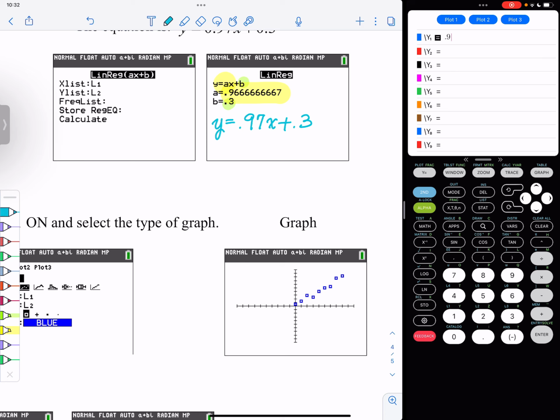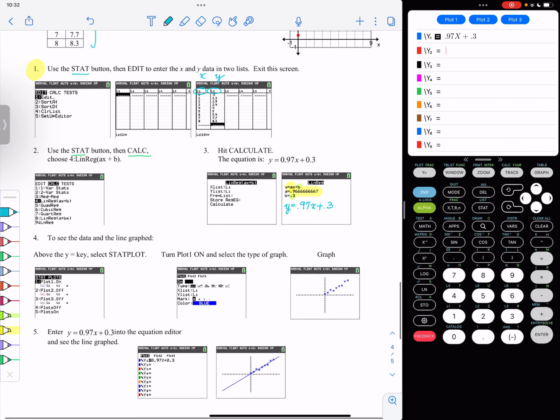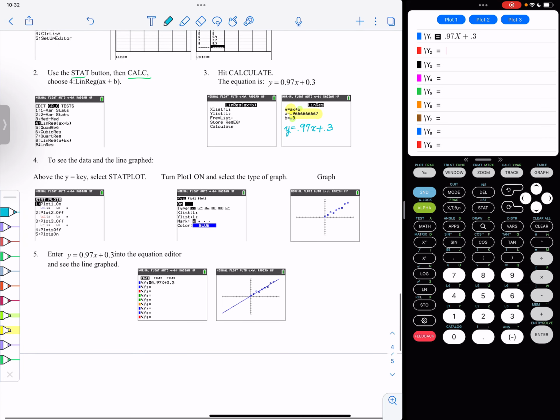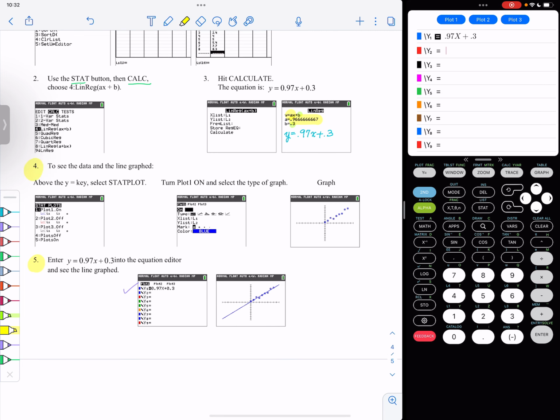That way I'm consistent with the notes here. Okay, so we have now done that. We have pressed the y equals button, and we have input that into the equation. And I sort of skipped this number 4, which all we have to do is turn our plotter on.